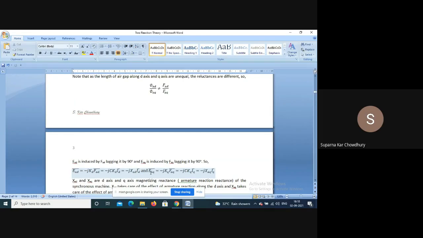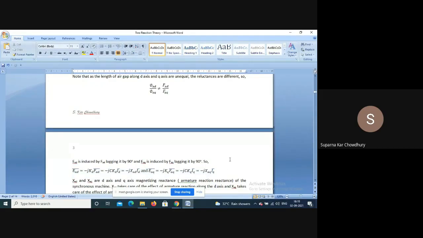Now EAQ similarly is minus j KQ FAQ, considering FAQ is proportional to IQ, so it is equal to minus j XAQ IQ.